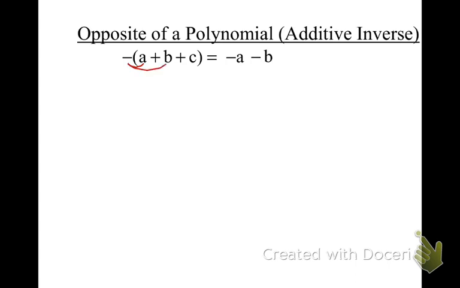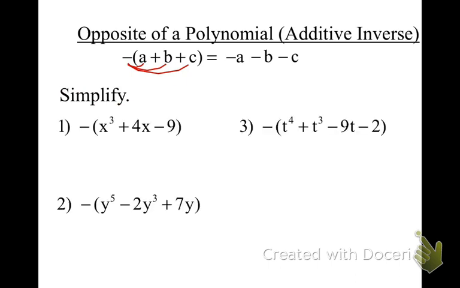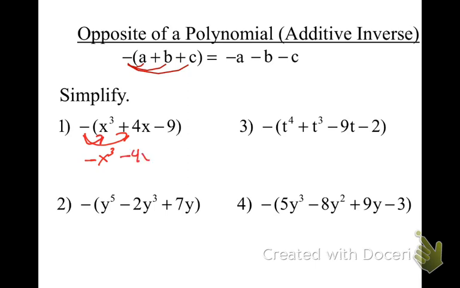If they're all positive, then they'd all end up being negative. For the next one, negative 1 times x to the third becomes negative x to the third. Negative 1 times positive 4x makes negative 4x. And negative 1 times negative 9 makes positive 9.